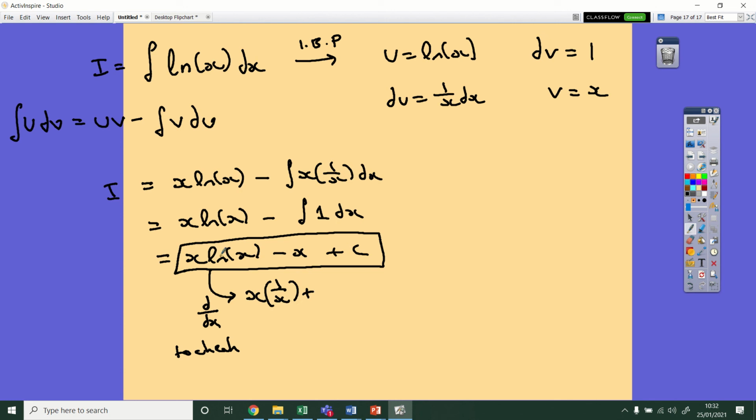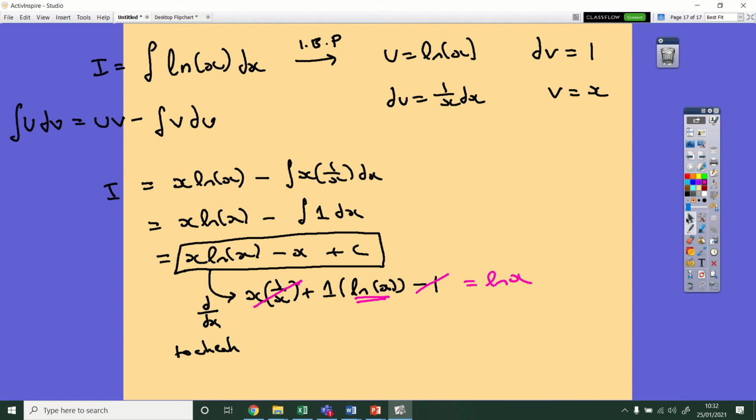And then the second half of this part is going to be the derivative of x, which is 1, times ln of x on its own. And then x differentiates to 1. And as you can see, that's a 1 that cancels out with this minus 1. And you're left with just ln of x. So we're good.